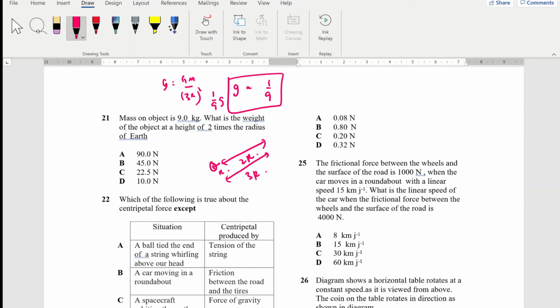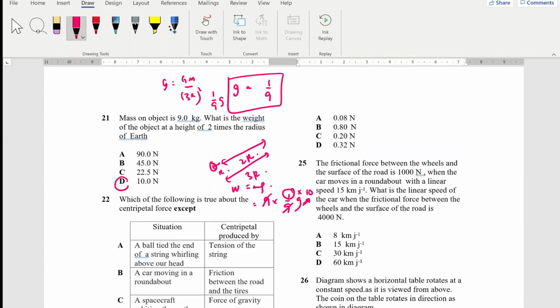So jadinya weight dia akan jadi, weight equals to mg. So 9 darab 1/9 G, kita akan dapat 1 darab dengan gunalah 10 G kita. So jawapan dia is donkey.